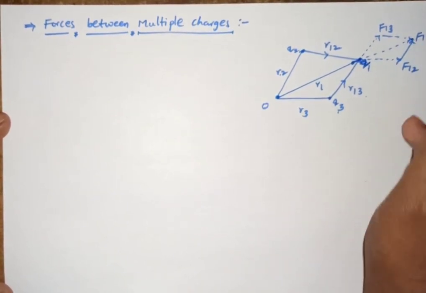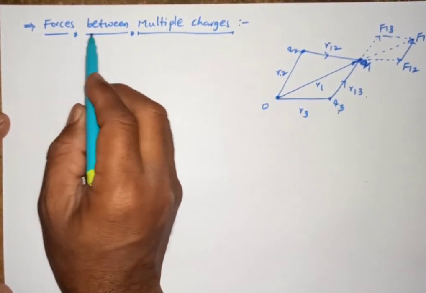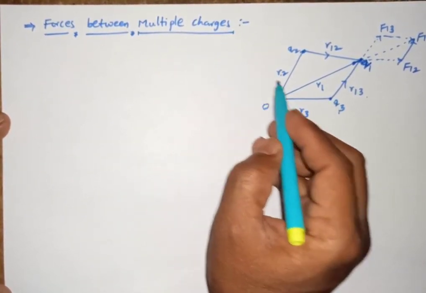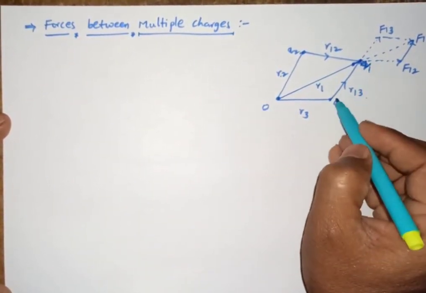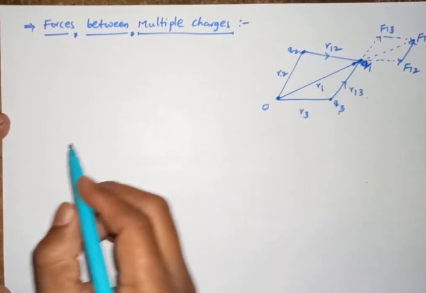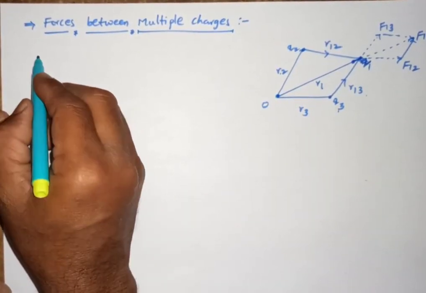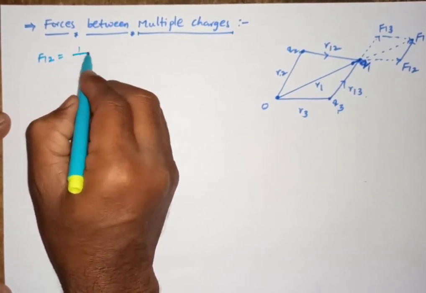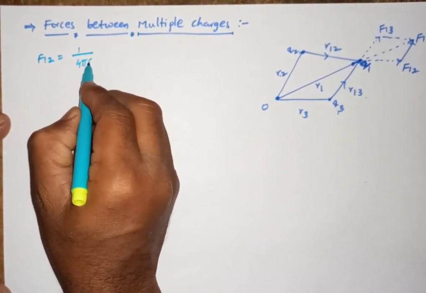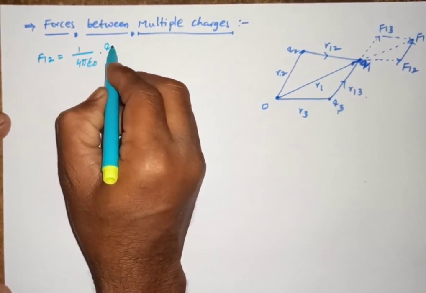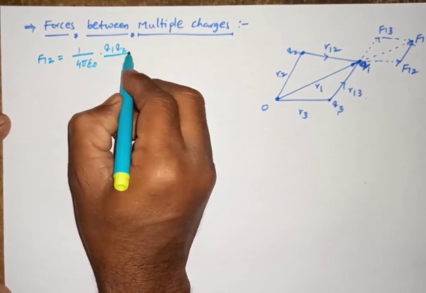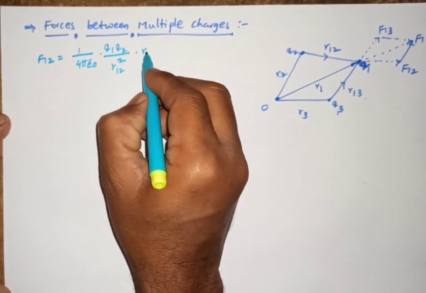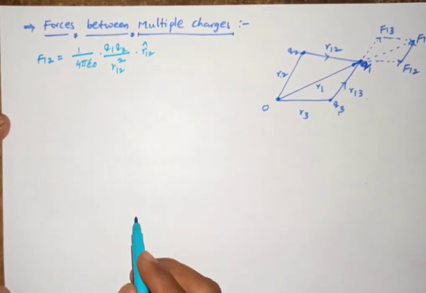The forces between multiple charges: the force between q1 and q2, F12, equals 1 by 4 pi epsilon naught into q1 q2 by r12 square into r12 cap.